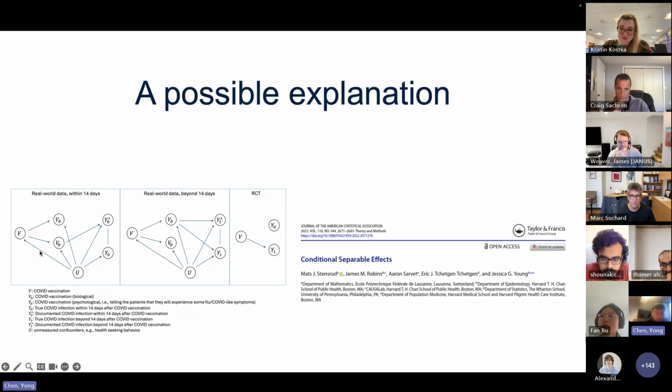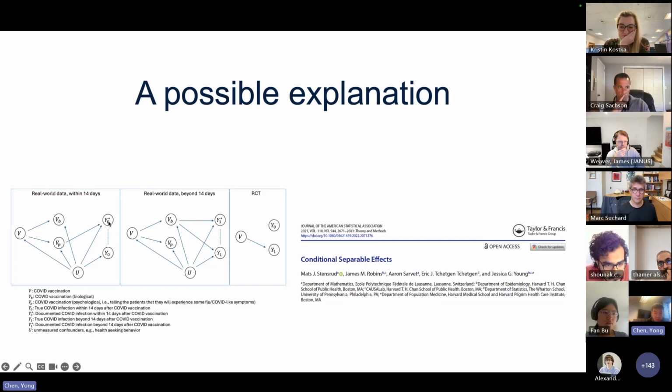So as you can see here, this is going to change how the infection gets documented. So this Y0 is the true COVID infection, but Y0 is not perfectly captured by EHR. It's only captured through this reporting process, right? So this behavior is going to have some impact.